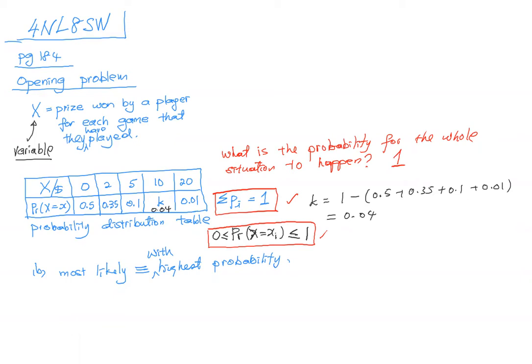What is the most likely outcome from playing this game? 0. So what does that mean? So you don't just say 0, because you have to know what it is.